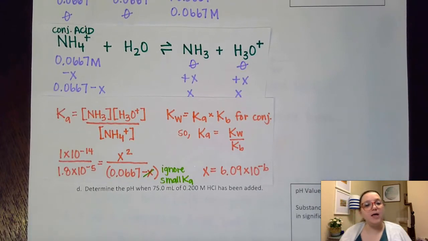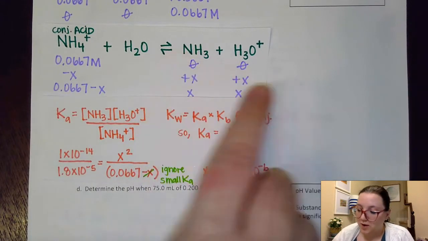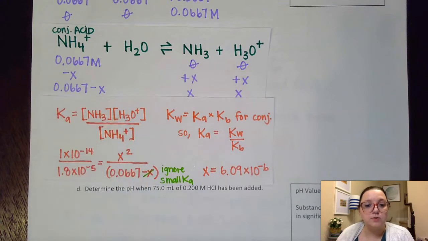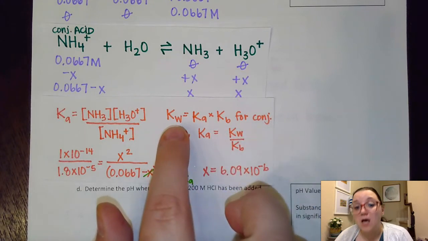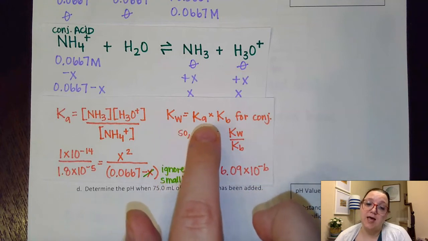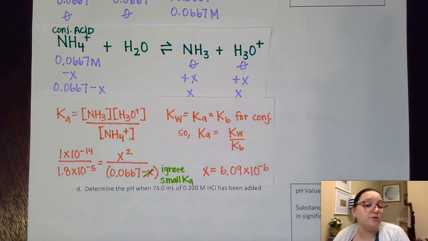And if I write a Ka expression, that's still products over reactants like we're used to. But remember, they gave us a Kb. And specifically, they gave us the Kb of the ammonia, the NH3, which is the conjugate pair. And so hopefully we remember that the Kw is equal to Ka times Kb for a conjugate pair.